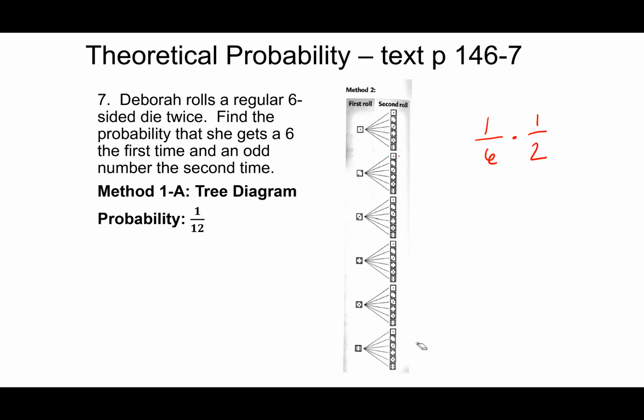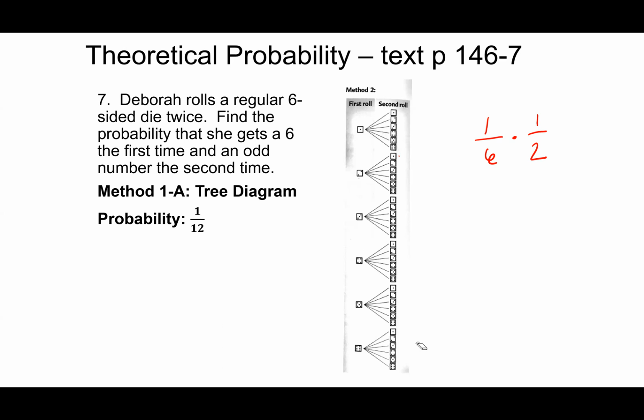Okay, with that second die, what's my probability that she's gonna roll an odd number? 3/6, which is 1/2. So it's 1/6 times 1/2.